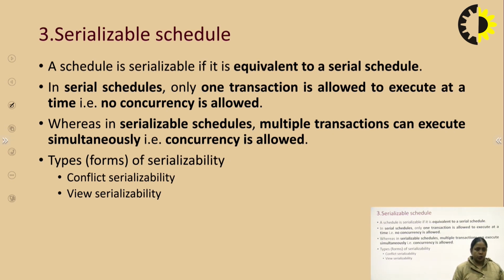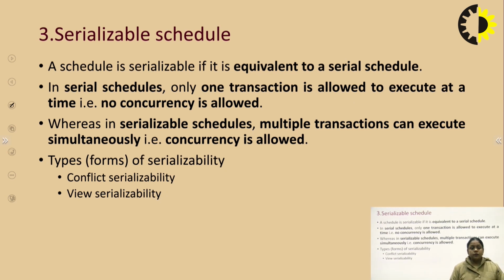In a serial schedule, only one transaction is allowed to execute at a time, and no concurrency is allowed. Whereas in a serializable schedule, multiple transactions can execute simultaneously and concurrency is allowed. In the case of non-serial schedules, we can execute more than one transaction at a time.